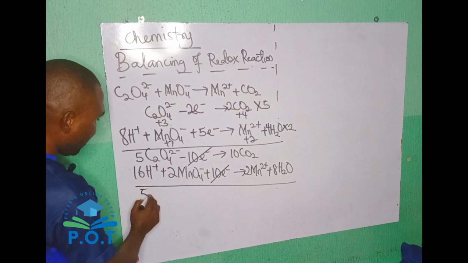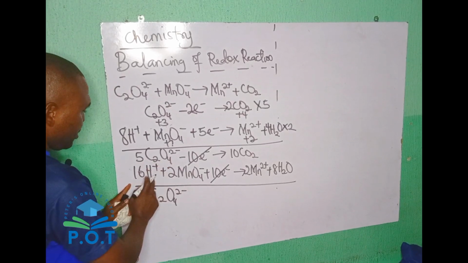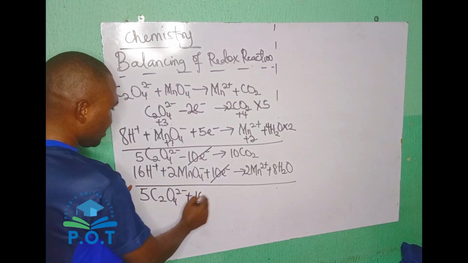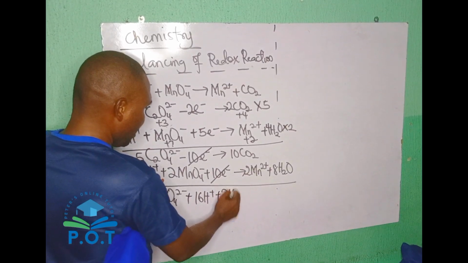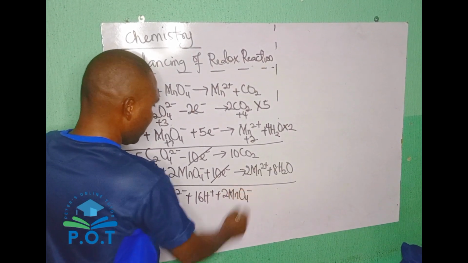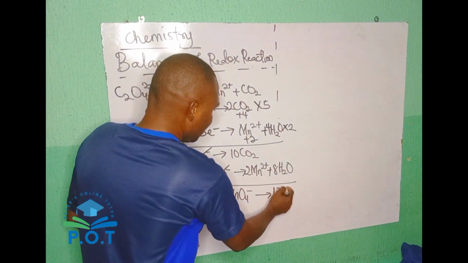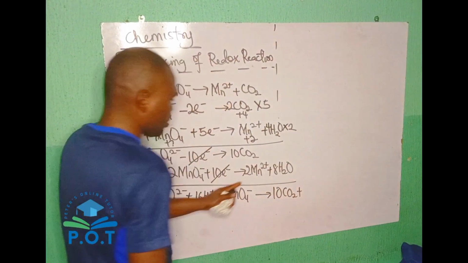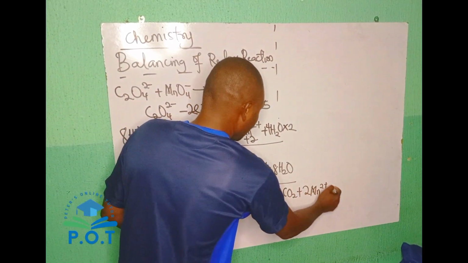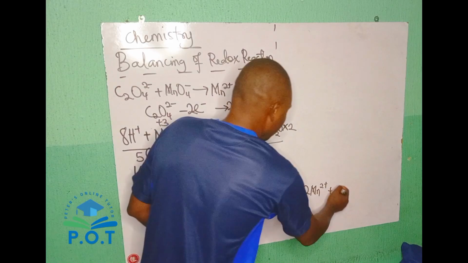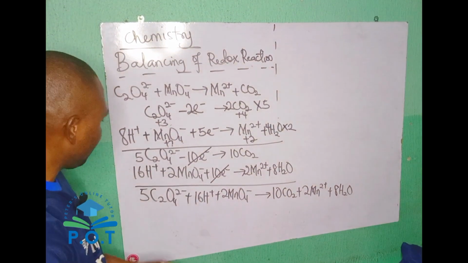So I'm having 5C2O4 2 minus, then 16H plus, then plus 2MnO4 minus. Then come back here. This is 10CO2 plus this 2Mn2 plus, then plus 8H2O.